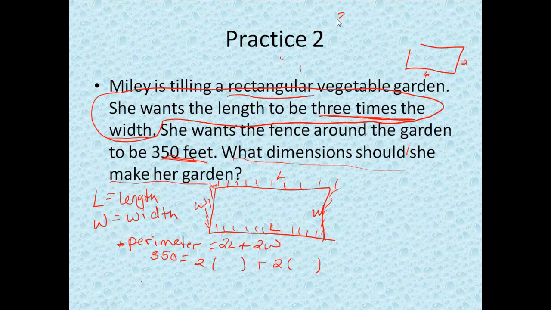To do that, I took 2 times 3. Okay, now I'm going to do a different one. Maybe I'll be able to find a pattern. What if I want my width to be 3? Well, 3 times as far would be 9, so my length would have to be 9. I took 3 times 3 and got my 9.